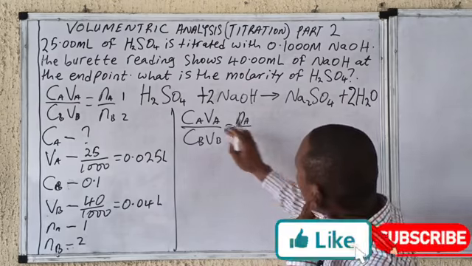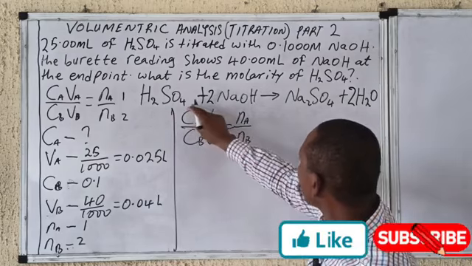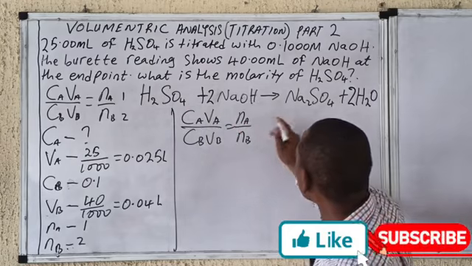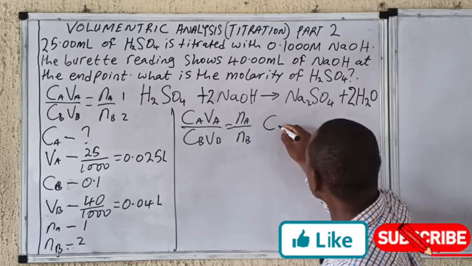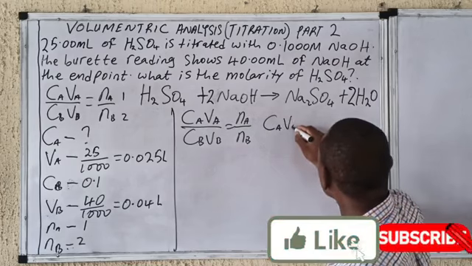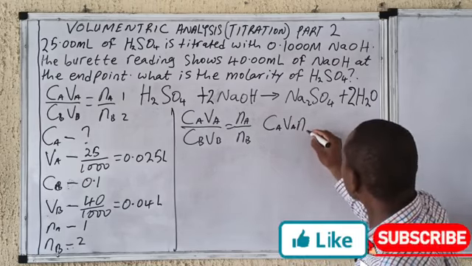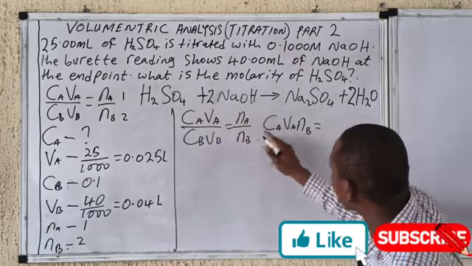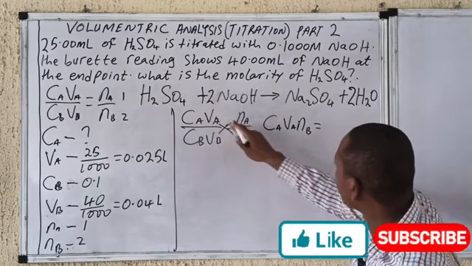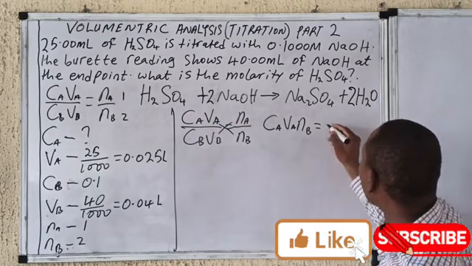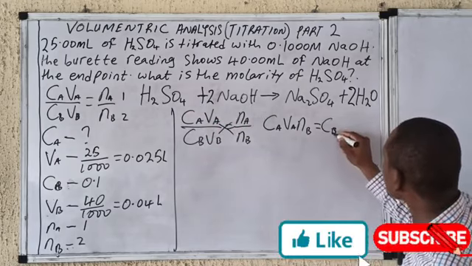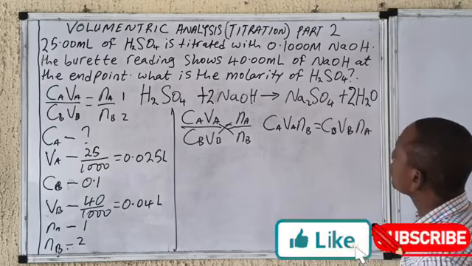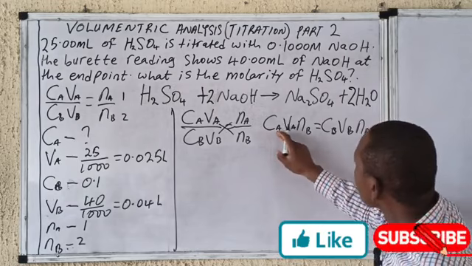Now we are looking for Ca, so we'll cross multiply. I'll use everything here to multiply this, and everything here to multiply this. So we'll now have CaVaNb on one side, and on the other I have CbVbNa. So how do I make Ca the subject of the formula?